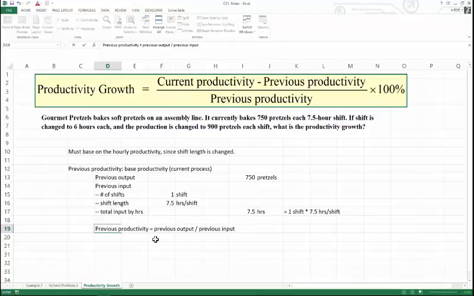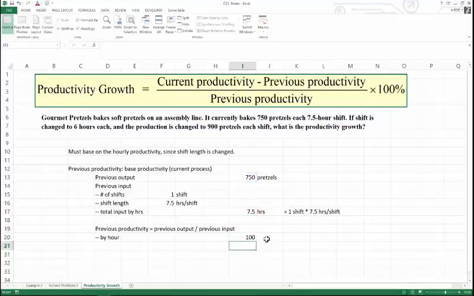We must pay attention: remember, everything is by hours. It is hourly productivity. So it is equal to the output, 750 pretzels, divided by the input, 7.5 hours.